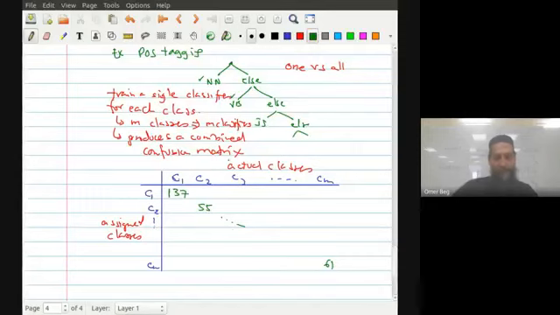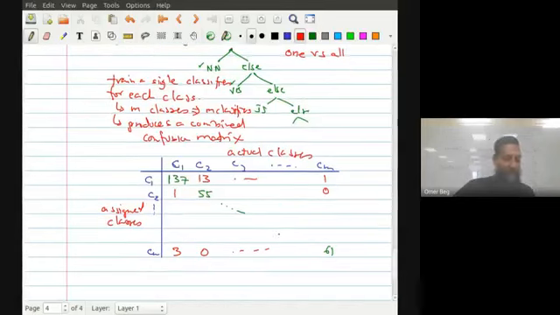See? And then there are these wrong ones. So such as this 13, there are 13 words where the actual class was C2, but it has been classified as C1 by the classifier, and so forth. We have these numbers, let's say 1, 0, and 3, 0, and so forth. So you have the entire matrix full.